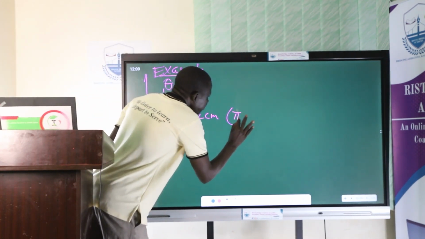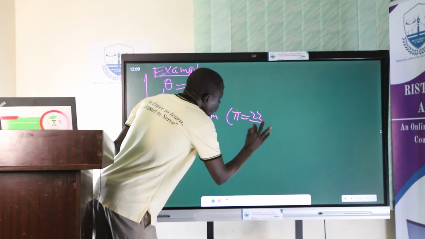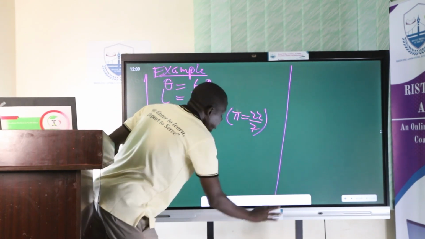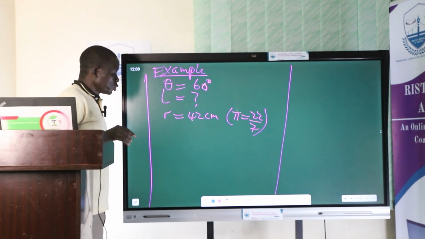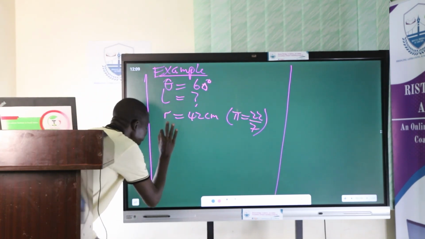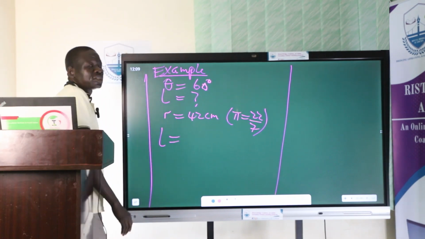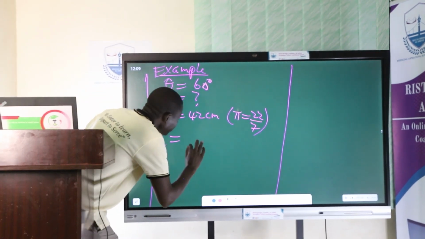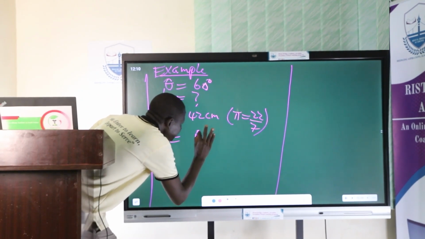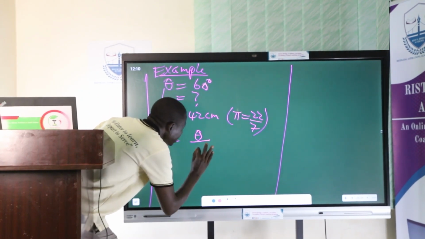So remember our formula: the length of the arc is obtained by angle theta out of 360 times 2 pi r. Then we substitute.